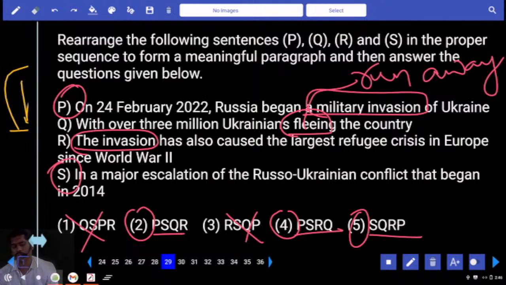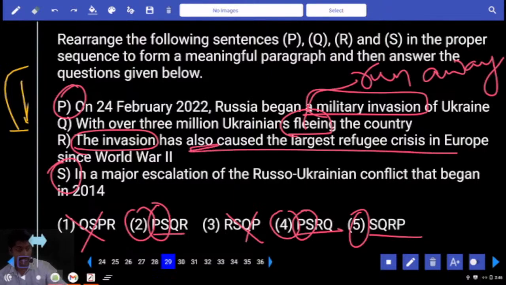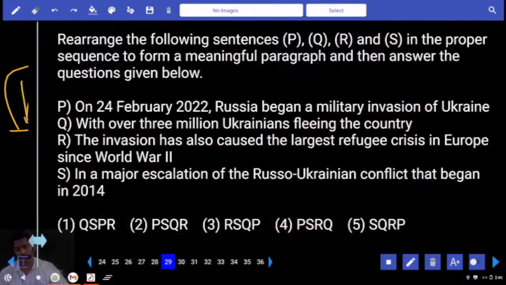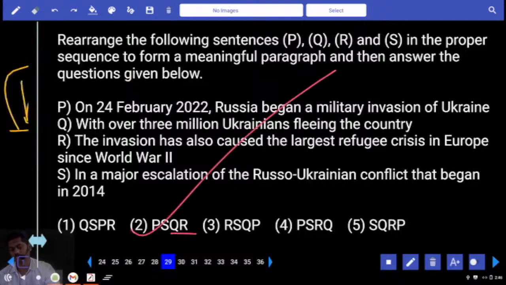In a major escalation of the Russia-Ukraine conflict that began in 2014. Then what happened? PS. Is it RQ, QR? With over 3 million Ukrainians fleeing the country, the invasion has also caused the largest refugee crisis. It is QR. Second option.